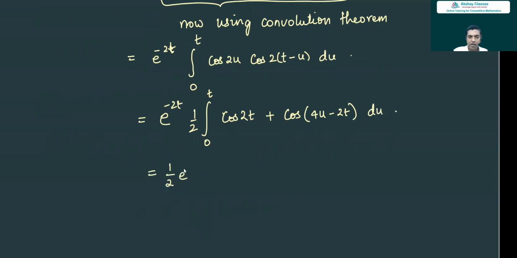So half e power minus 2t integral with respect to u. So this is constant. So I get u cos 2t, the first integral, applied on u equal to 0 to u equal to t. Remember, don't confuse with t. Then this integral, this is a function of u. So we get sine, integral of cos is sine.